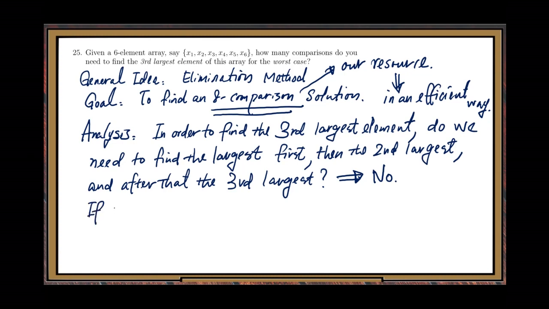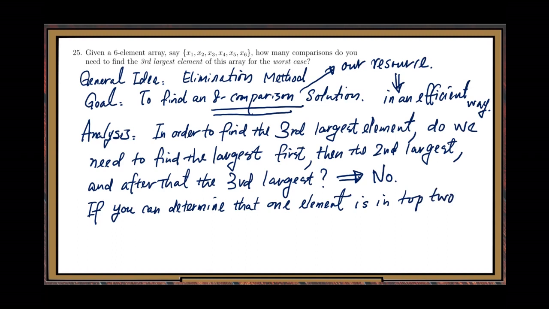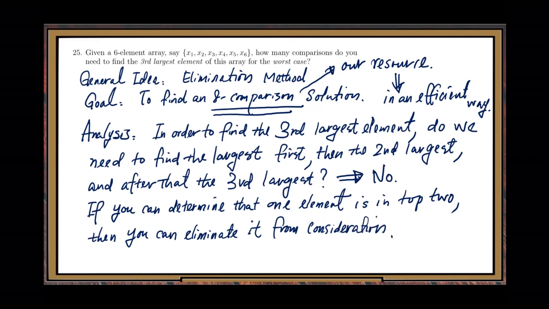Let me explain a special situation. If you can determine that one element is in top 2, then you can eliminate it from the consideration because it cannot be the third one, right?